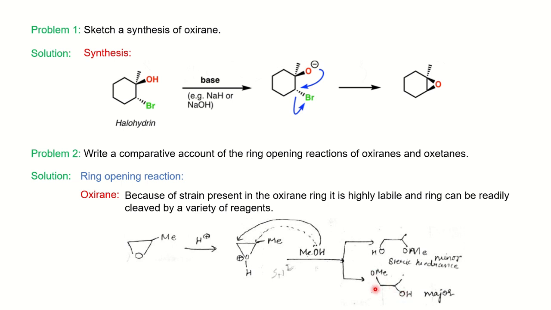OMe is attached to the less sterically crowded side, and this is your major product. Otherwise, you will get the minor product because of steric crowding if OMe attacks the carbon which has the Me group. Since the mechanism goes through SN2, the product forms on the less sterically hindered side.